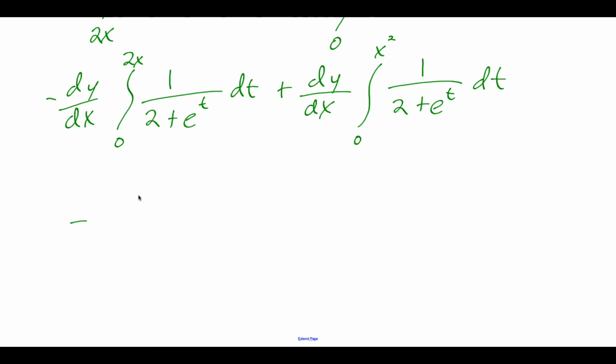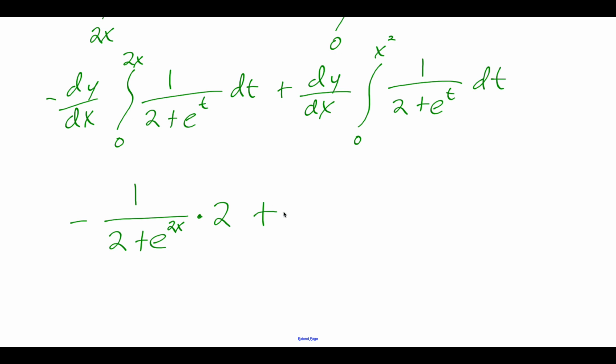So we get negative 1 over 2 plus e, get rid of the t variable, and replace it with the upper limit. So that's e to the 2x. But now, because we don't just have a regular x upper limit, then I have to attach the derivative of that upper limit to x. And the derivative of 2x is just 2.